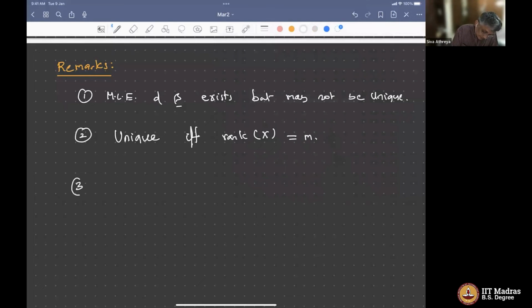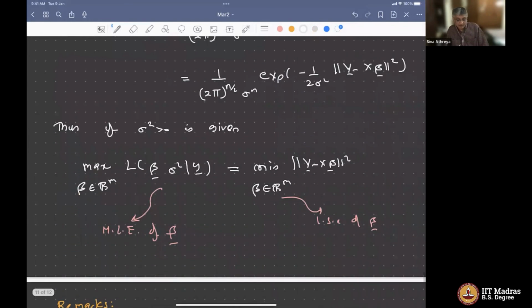What's the next one we can get from this whole calculation? You look at the likelihood function.